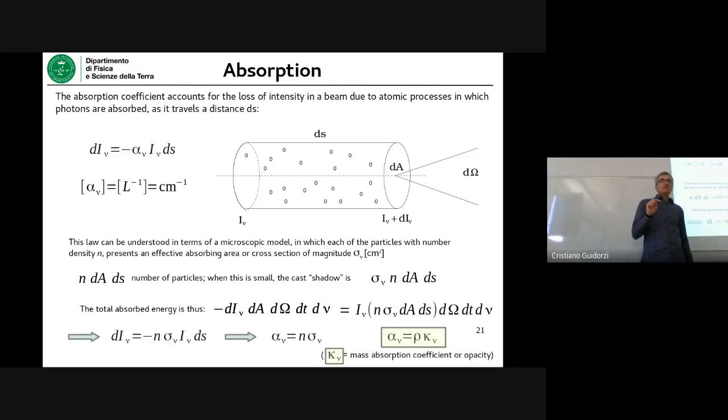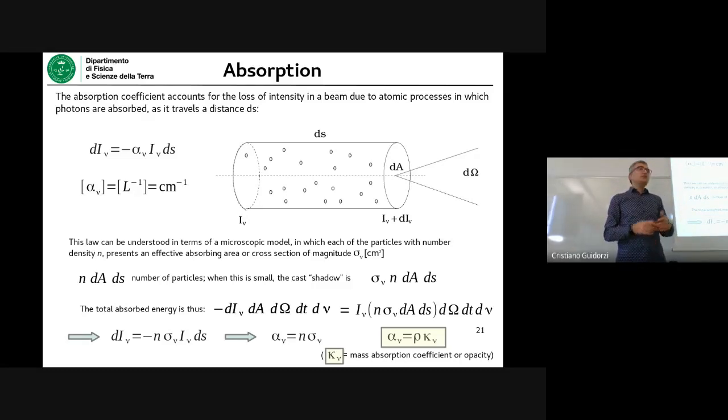So kappa nu is alpha nu over rho. And it is called mass absorption coefficient, or just opacity. So if you pick up a scientific paper talking about these topics today, this parameter will be referred to as opacity, just opacity.